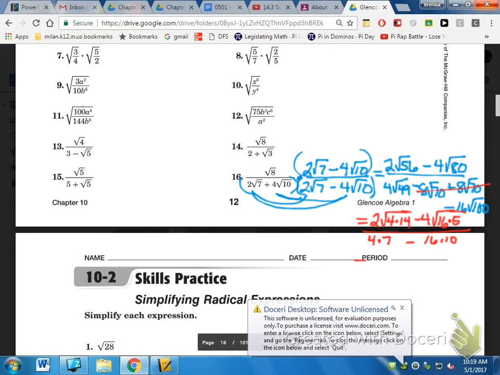Okay, if I look at the top one more time here, the 4 comes out as a 2, and there's already a 2 out there. So that's going to make it 4 radical 14 minus, so the 16 comes out as a 4, and there's already a 4 out there. So 16 radical 5. The bottom is going to be 28 minus 160, so negative 132, I'm presuming.